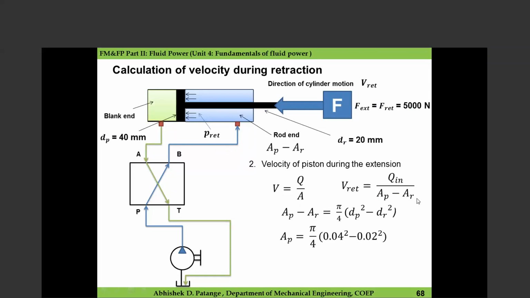So this is calculated by considering this formula and the relationship. By putting all the values in the equation, we get that velocity of retraction is equal to 0.016, which is basically the discharge of the pump, divided by pi by 4 into 0.04 square minus 0.02 square. So we get the answer as 1.69 meter per second.